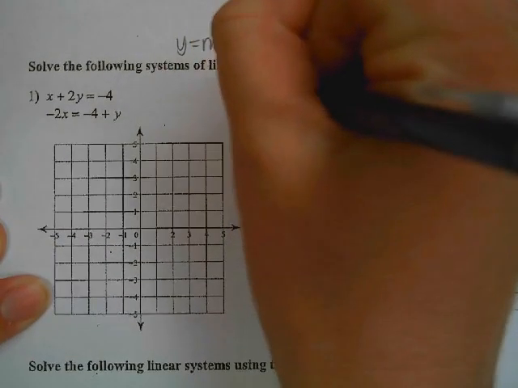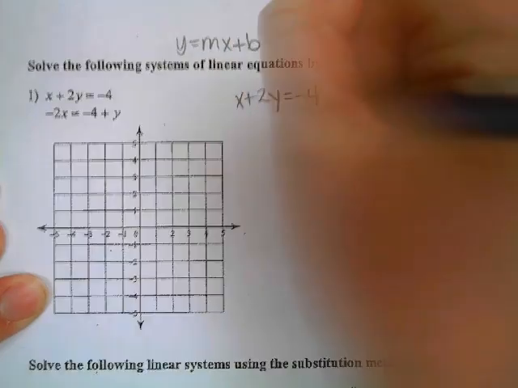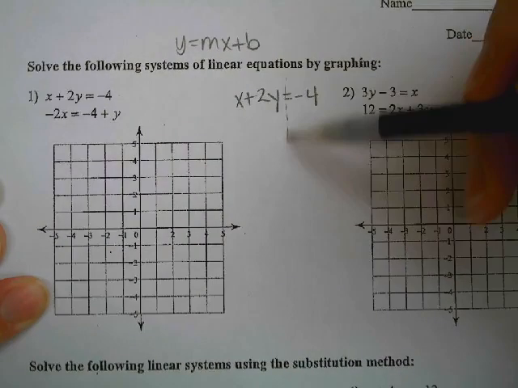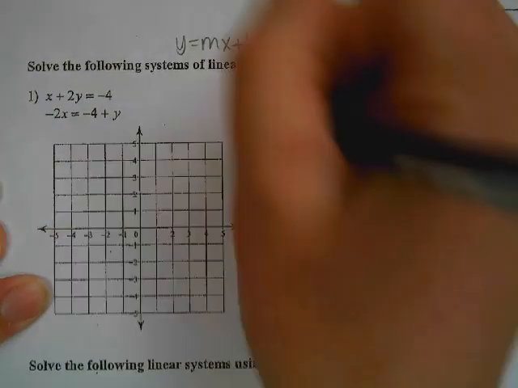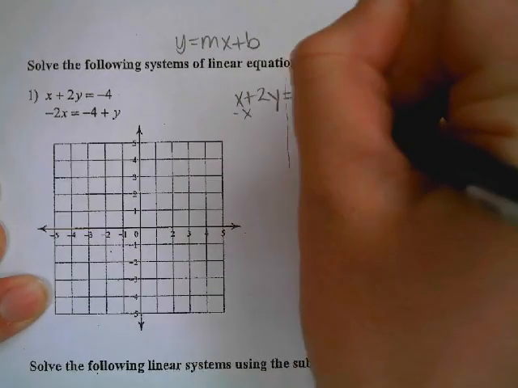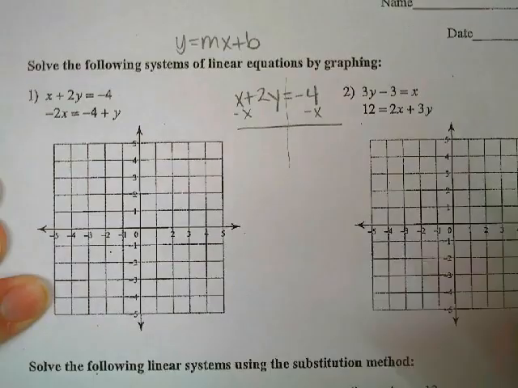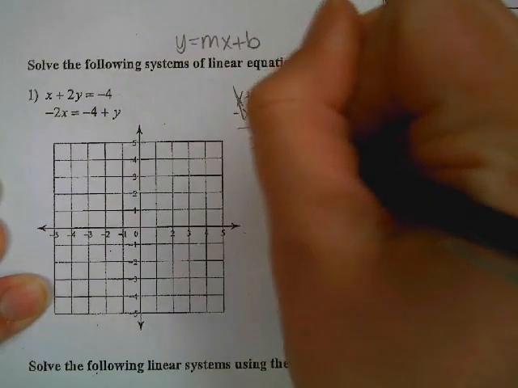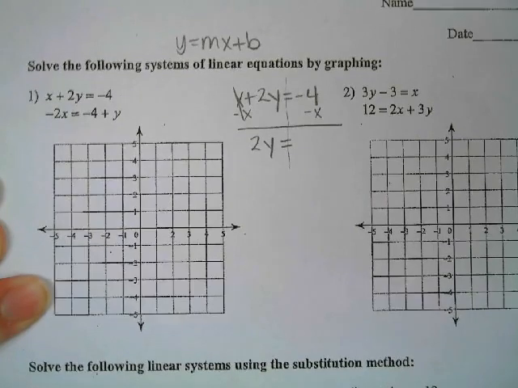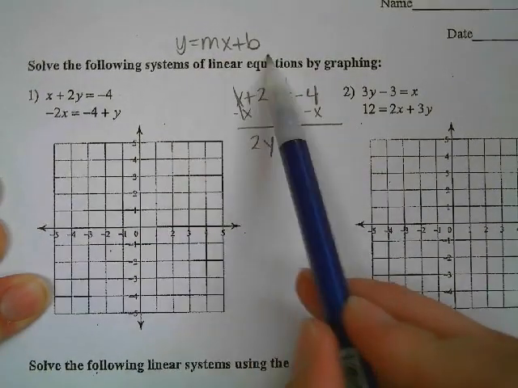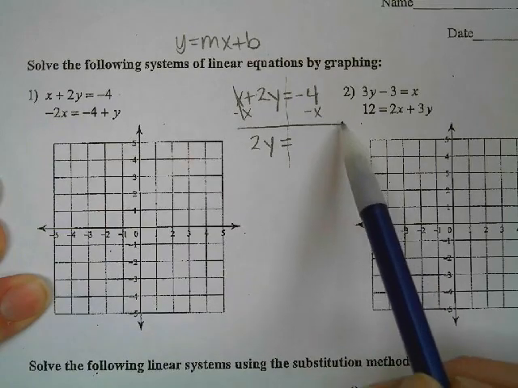So if you take the first equation and you solve this for y, start out by subtracting x on both sides. So then you'll get 2y on the left side. And so, since I want it in slope-intercept form, I'm going to put my x term first.